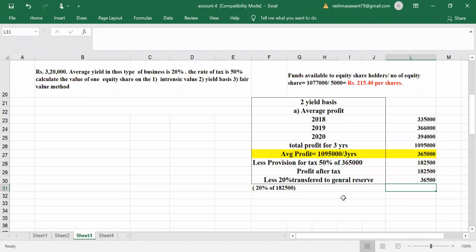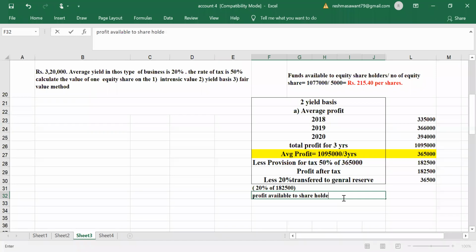So the answer is the profits available to equity shareholders, that is 1,46,000. 1,46,000 is the amount which remains, the profit available for shareholders.